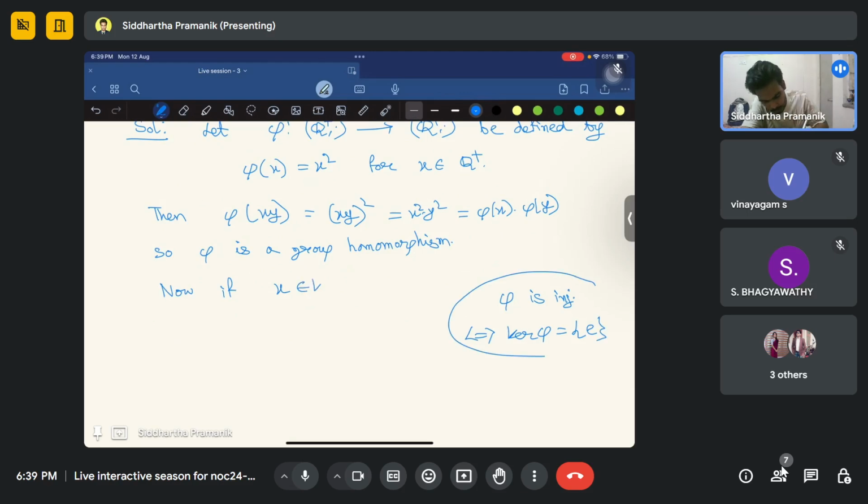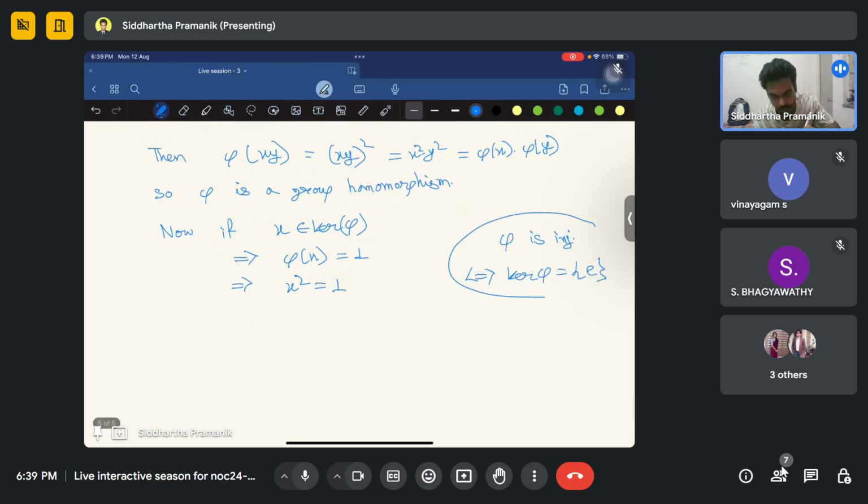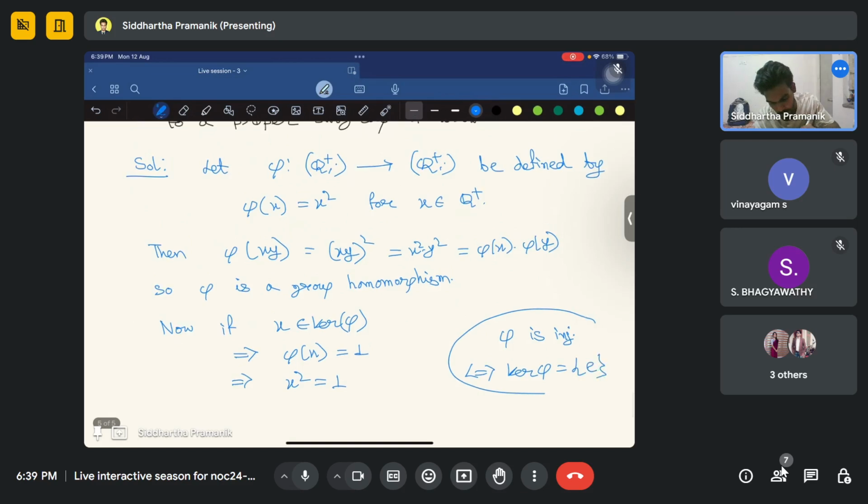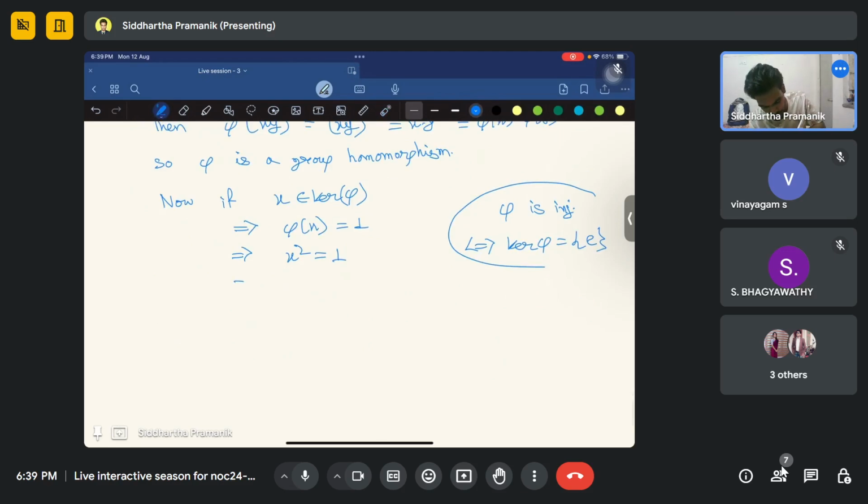Now if x belongs to kernel of phi, that will imply phi of x equals identity, which is 1. So that means x square equals 1. And the solutions of this equation are plus minus 1, right? But minus 1 is not in our domain. So the only solution is 1. So this implies kernel is equal to the identity. So phi is injective.